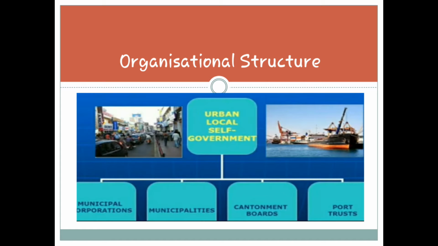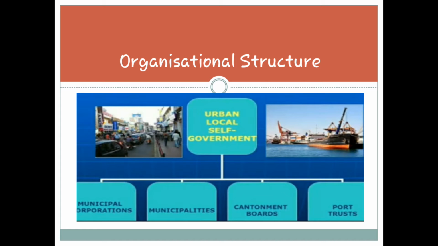The corporation is an elected body, that means members to these corporations are elected through proper channel, the same way as we elect members to the legislative assembly through universal adult franchise, that is secret ballot.